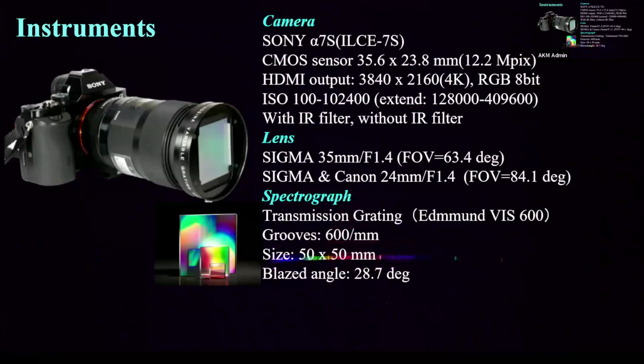We just made a holder and put the spectrograph in front of the lens. This is the way to observe the meteor spectrum, using UFO Capture to capture 4K uncompressed video, recording with a relatively high-spec PC.